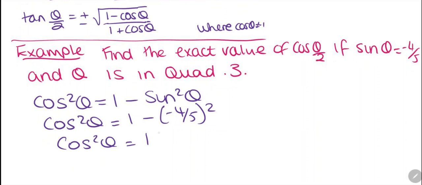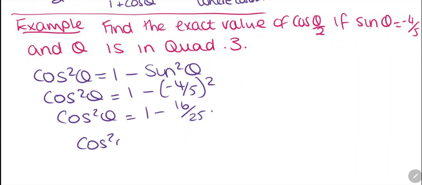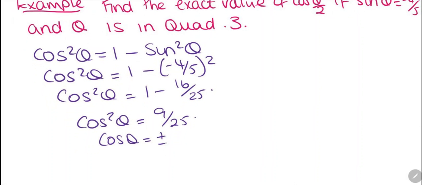If we square it, it'll be 16 over 25. And if we subtract that from 1, that is going to be 9 over 25. And we're going to take the square root from both sides. And this will leave us with plus or minus 3 over 5.